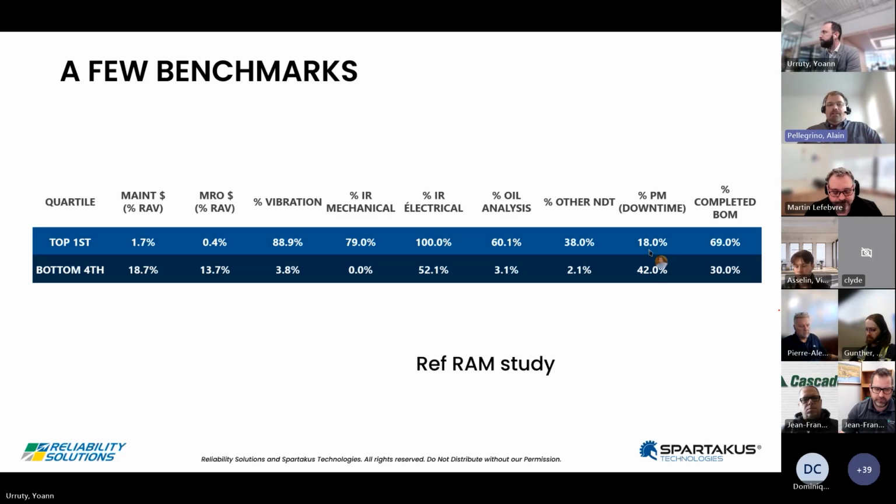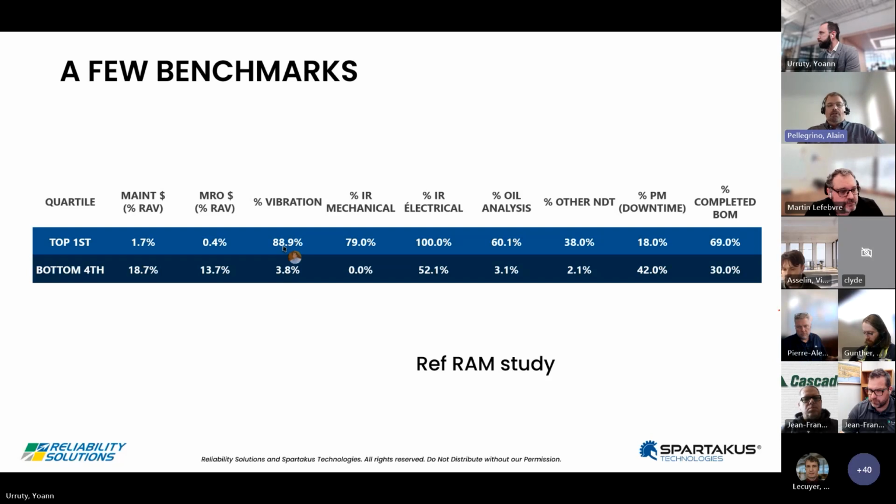If you look at the best performer in that same industry, where do they spend time? Basically, here is the percentage. I'll use the vibration example. In 89% of their rotating assets, the first quartile companies do vibration analysis. The bottom fourth quartile only monitor 3.8% of their assets using predictive technologies.